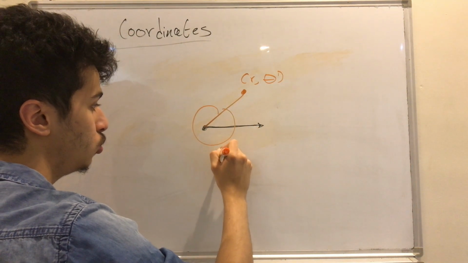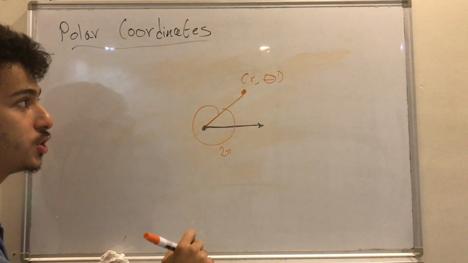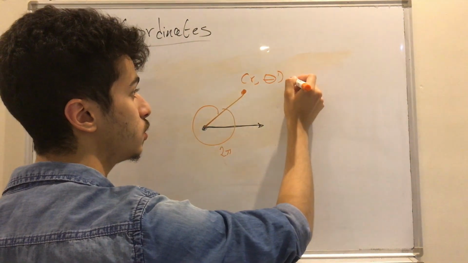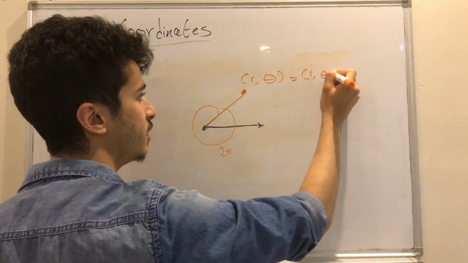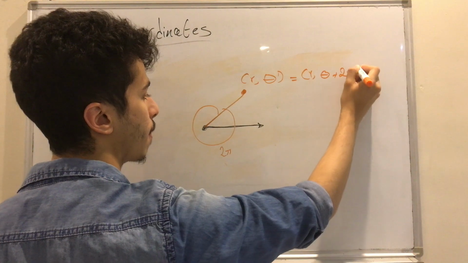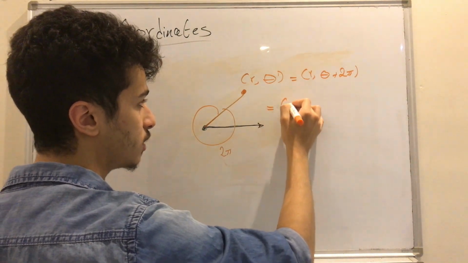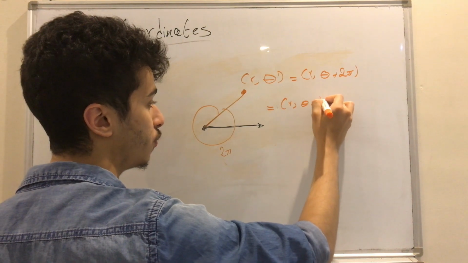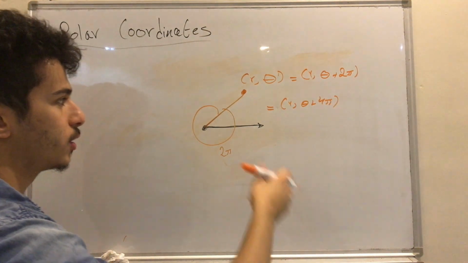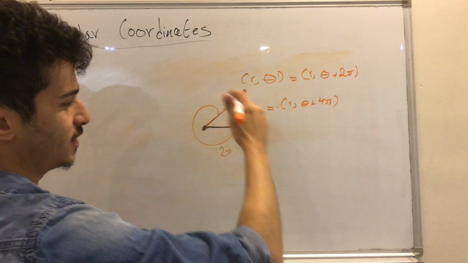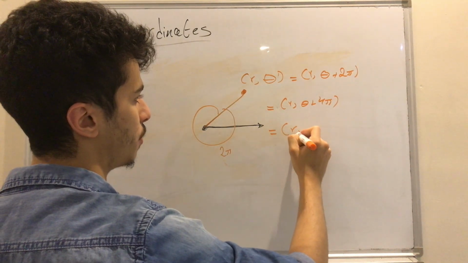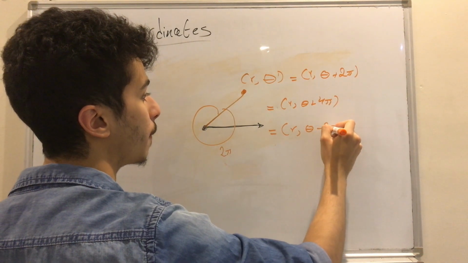This is a 2 pi rotation, meaning our point is equivalent to r, theta plus 2 pi. But we could rotate again and get r, theta plus 4 pi. Or I could go the other way around, minus 2 pi. For example, I'll have r, theta minus 2 pi.